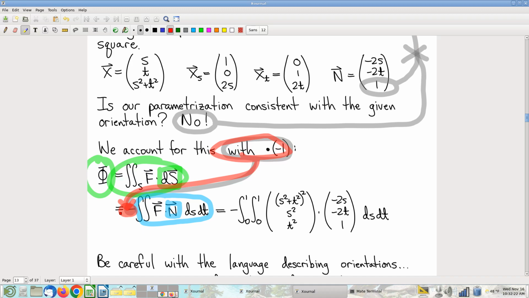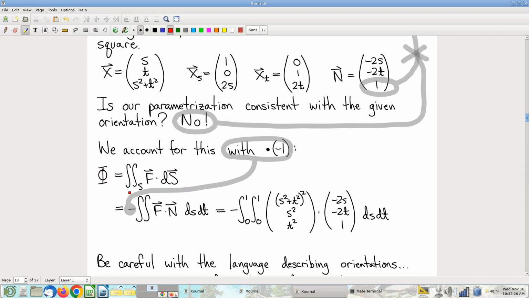Now, I emphasize what you can't do. What you can't do is write this and then this and then leave it off here. If you were to just leave it off there and just claim that that's equal to this, and then subsequently realize, oh shoot, you know what? This thing here.